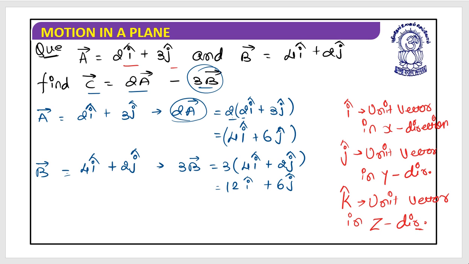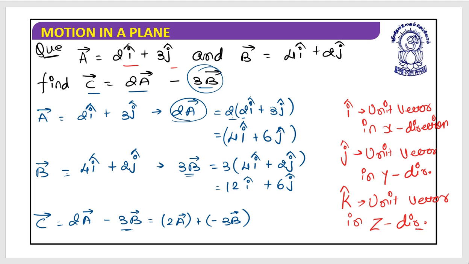I hope this is clear. Yes, this is 3B. Now what I need is C equals 2A minus 3B, so actually it is 2A plus minus 3B vector.